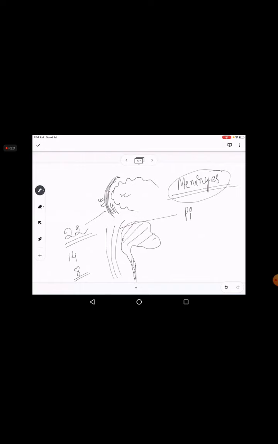The middle protective layer is called arachnoid matter. The outermost layer is called dura mater. For the entrance exam, these meninges could be important. So remember: the inner one is pia mater, the middle one is arachnoid matter, and the outer one is dura mater.